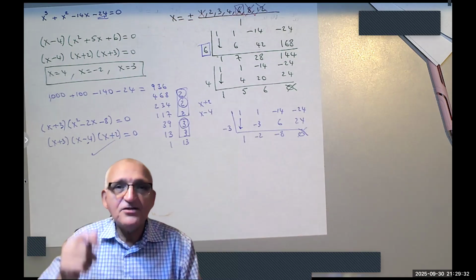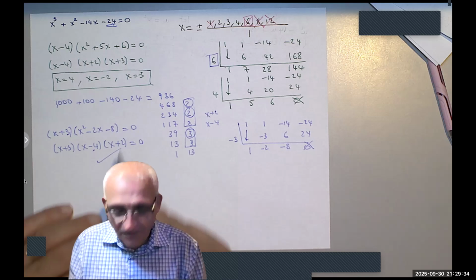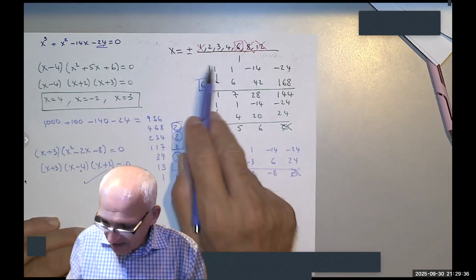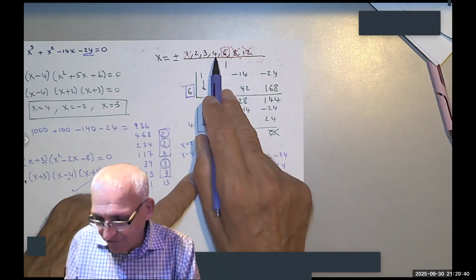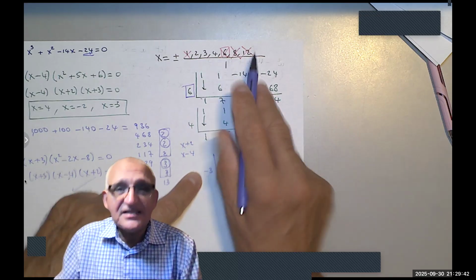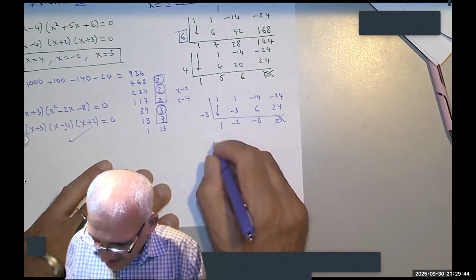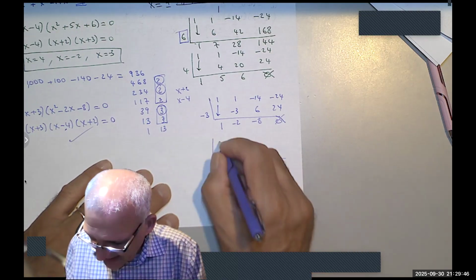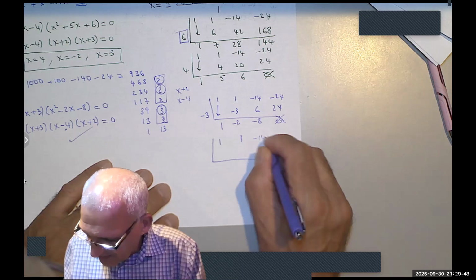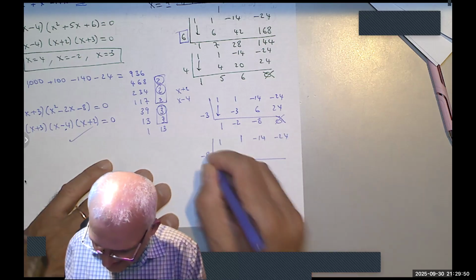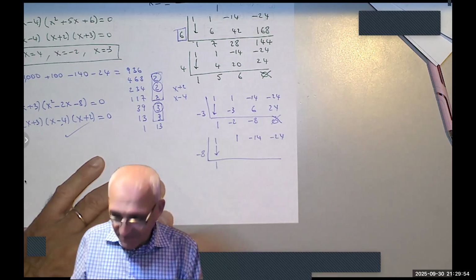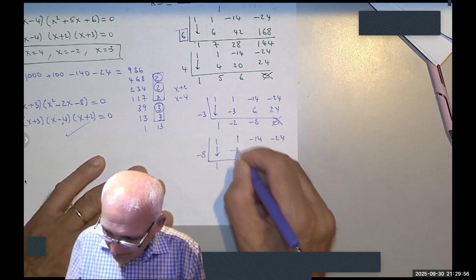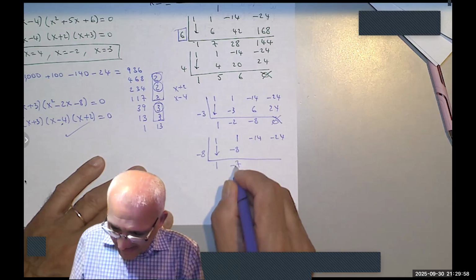Let me tell you something. This was 24. So instead of -3, I may have -4 or -6 or -8. So let's pick a number like -8, for example. Suppose I started with -8. I'm sorry if I'm wasting your time, but this might be important. 1, which is positive, times -8 is -8 plus 1 is -7, which is negative.